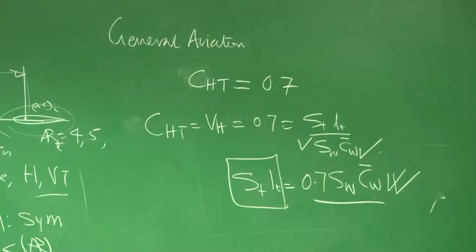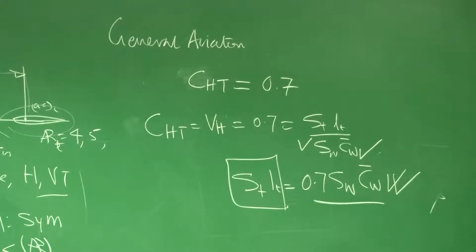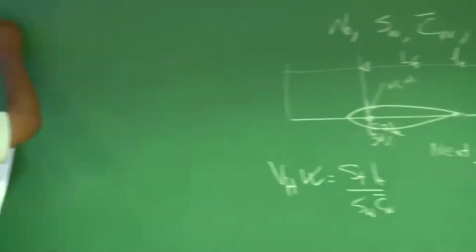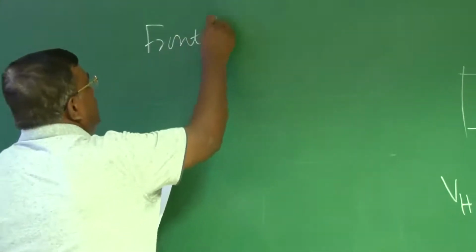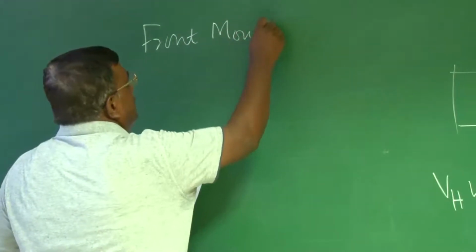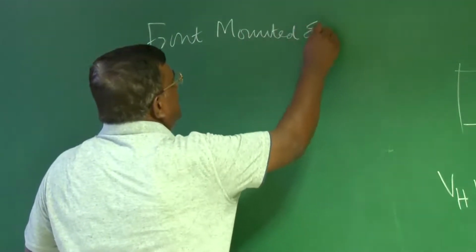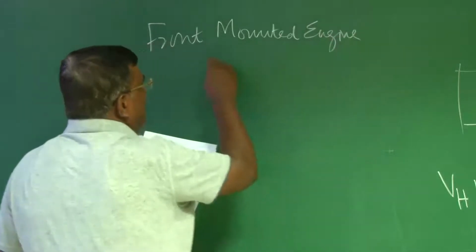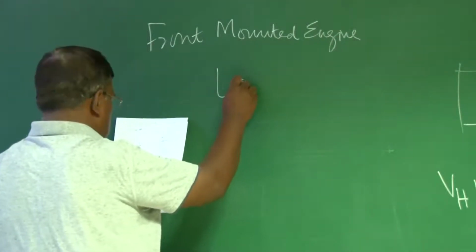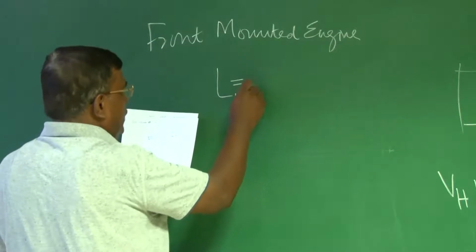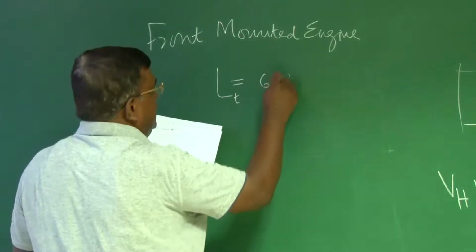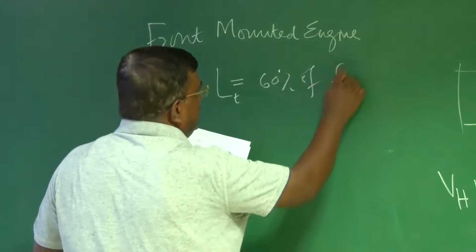And for LT, you have another guideline based on statistical data. Refer to my last lecture. It says for a front mounted engine, LT you can take as 60% of fuselage length.